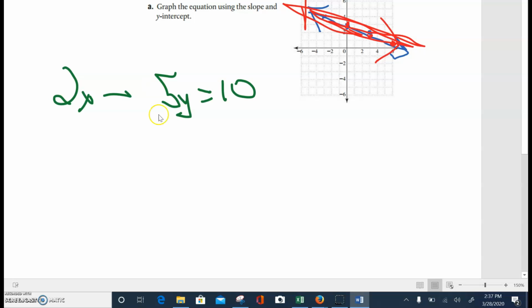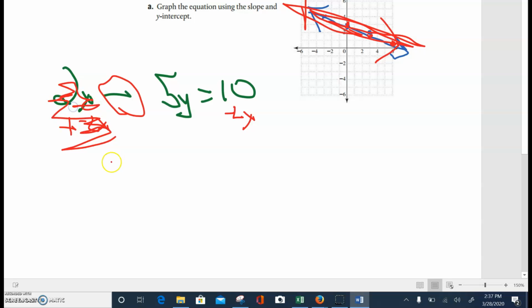So go ahead and solve it. There's one subtraction, so you know you're going to add. Either add a negative 2x, or view it as subtracting 2x, whichever makes more sense to your brain. To get rid of a positive 2x, you need a negative 2x. So that negative is still there with the y.